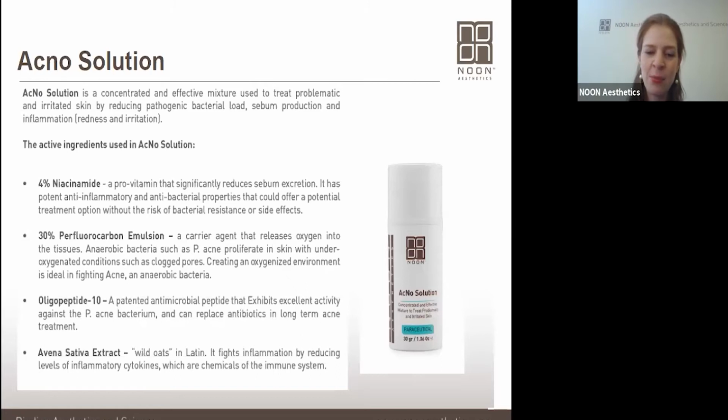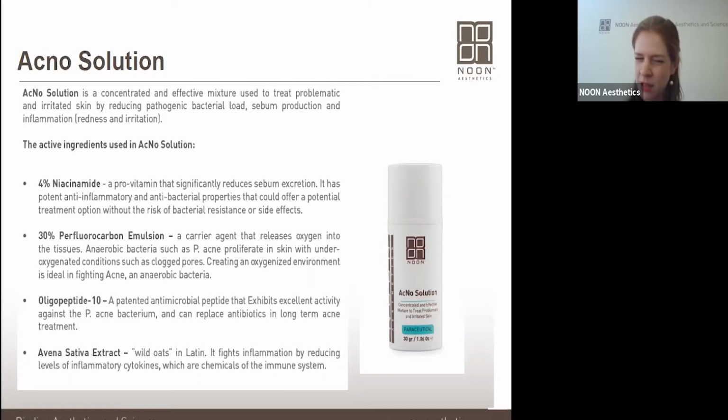It prohibits it from thriving and developing colonies. So it also helps us against P. acne. The third one is oligopeptide 10, which has a very, very good inhibiting effect against P. acne bacterium thriving, and it can also replace antibiotics. In the long term, our skin doesn't get resistant to it.